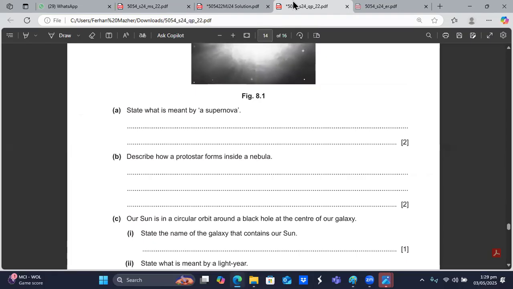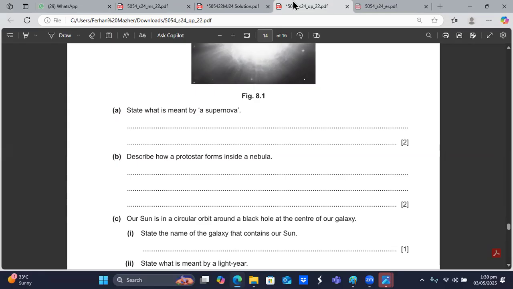Okay, question number 8 is B part. Describe how a protostar forms inside a nebula. This is about the birth of the star. The dust and the gases come close to each other, and due to gravity, the density of that cloud increases. Due to this, the temperature of that cloud also increases.